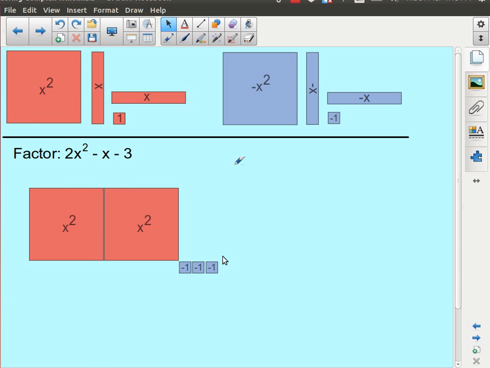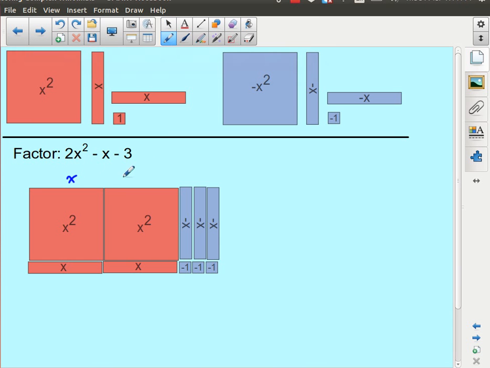And now I've got room for 1, 2, 3, and 1, 2 here. But I want my overall x's to be negative x, so I need more negatives than positives. So negative 1, negative 2, negative 3, positive 1, positive 2, and then negative 3 and positive 2 gives me a total of negative x.